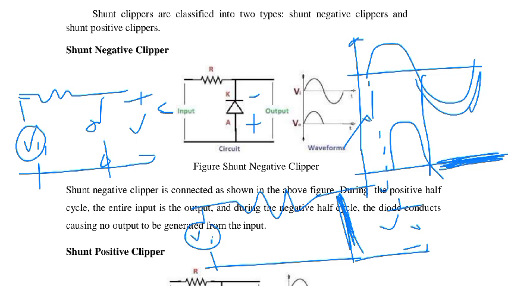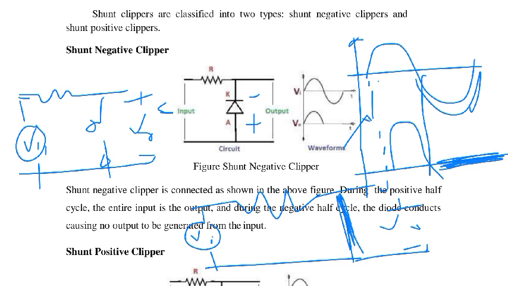That's why it is called a shunt negative clamper. In short, we can understand that during the positive half supply, this diode turns off, and whatever input we apply, the same input we can see here.